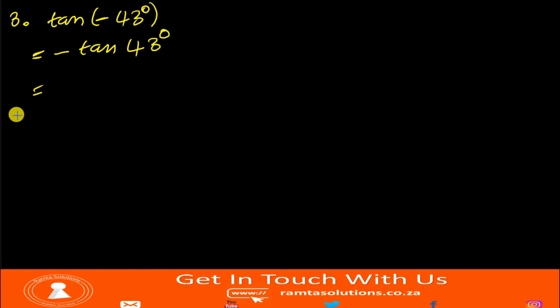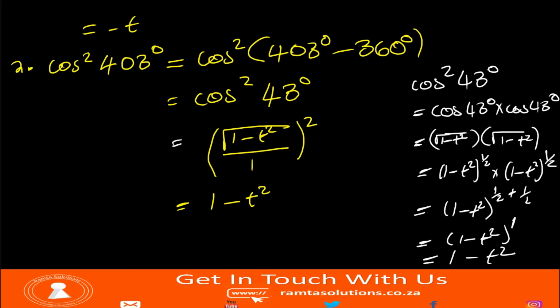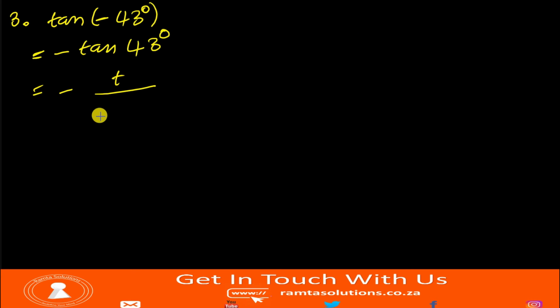Now, what you know from SOHCAHTOA, tangent is opposite over adjacent. Our opposite side was t. Our adjacent, we just said, was the square root of 1 minus t squared. So this is how you express these questions in terms of t.